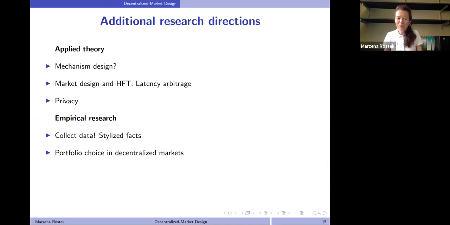Portfolio holdings are heterogeneous, and they deviate significantly from the market portfolio. Typical institutional investors hold around 60 stocks. Now, it turns out that when traders have price impact, the standard portfolio choice results do not apply in a decentralized market.